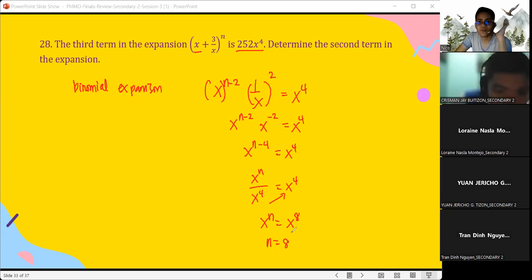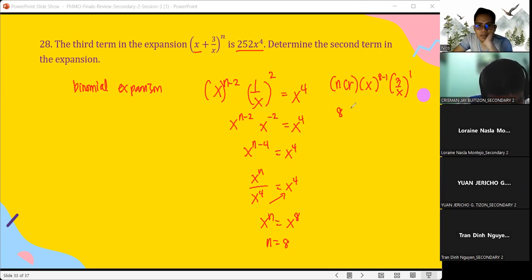Now, we can use the formula that we used last time, which is nCr, then x to the 8 minus 1, and then 3 over x to the 1. Because this is the second term in the expansion. So what is n again?